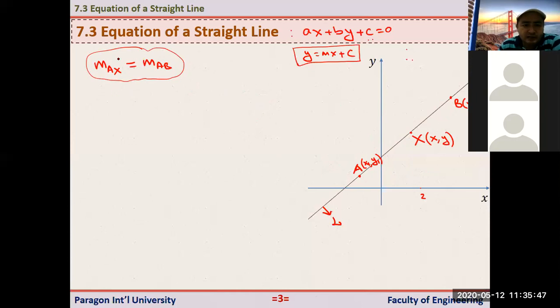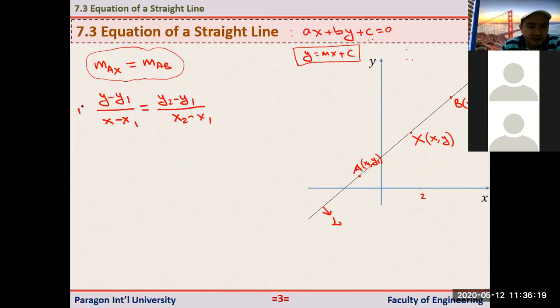Using this idea, we know how to evaluate this: the gradient of AX is equal to y minus y1 over x minus x1. On the right-hand side, the gradient of AB, which we have already learned how to calculate, is y sub 2 minus y sub 1 over x sub 2 minus x sub 1.